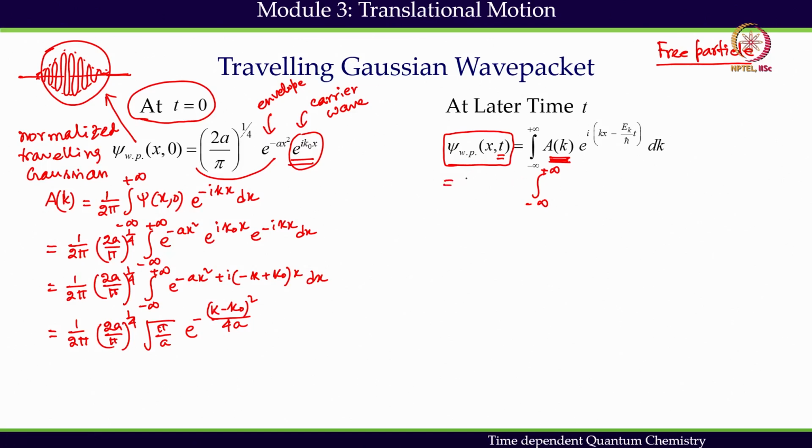All these constants are going to be 1 by 2 pi, then 2a by pi, then square root of pi by a, and then I have this integrand e to the power minus k naught square divided by 4a multiplied by e to the power.